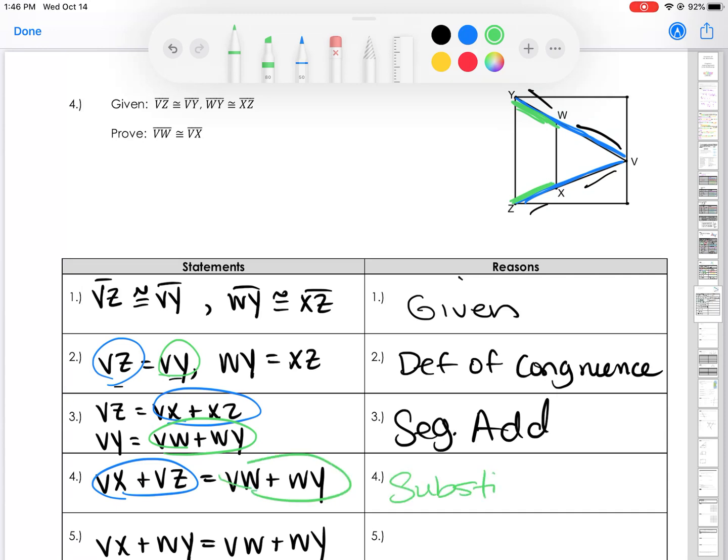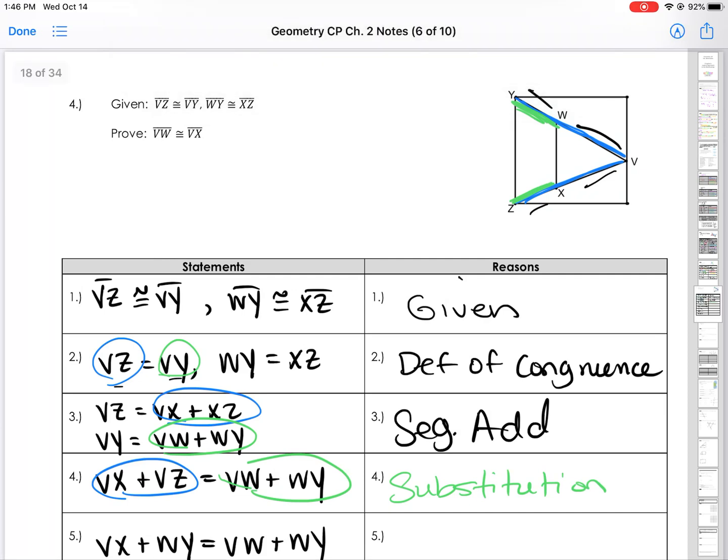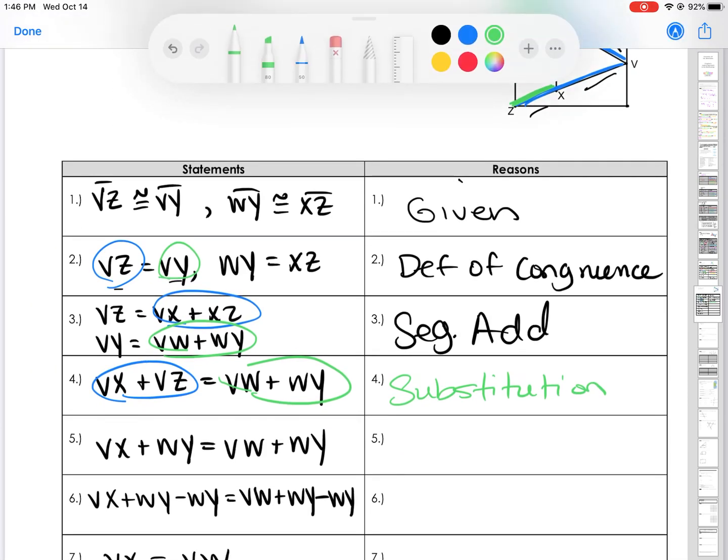And instead of VY, I'll put VW plus WY. So that is substitution. Oops, I do apologize. That should be an X there, right? So I have that WY is equal to XZ, so I'm going to replace XZ with WY.